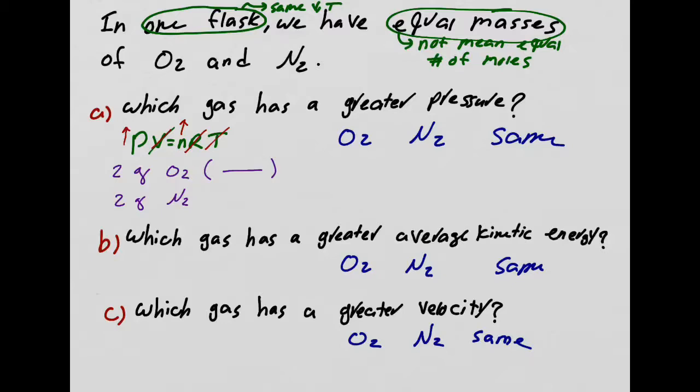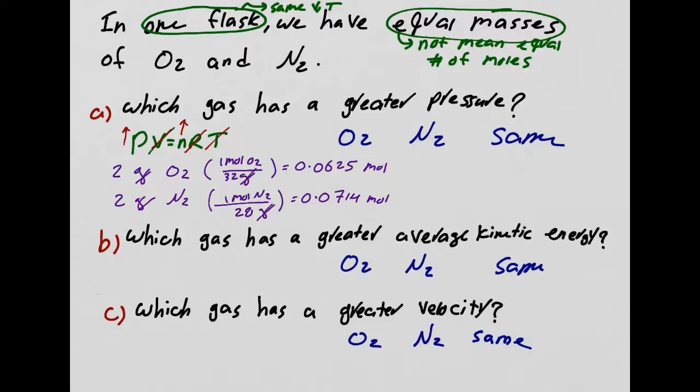Okay, so now 1 mole of O2 is 32 grams, so the grams cancel out. I get 0.0625. Now, 1 mole of N2 is 28 grams, so what you end up having is 0.0714 moles.